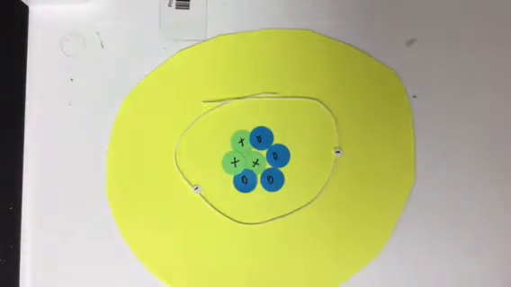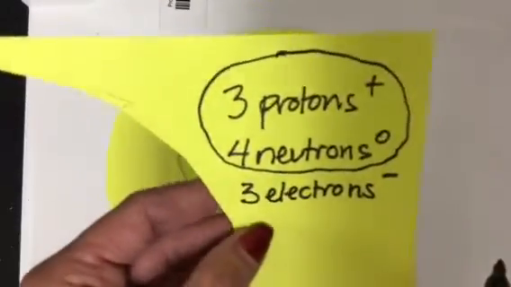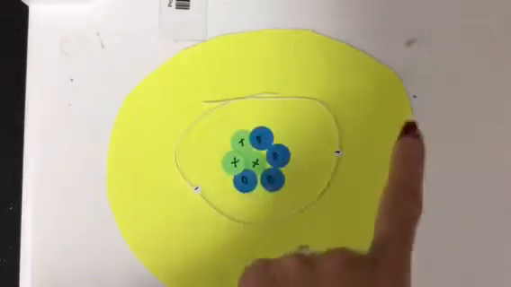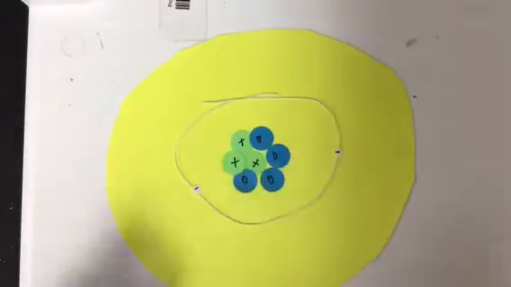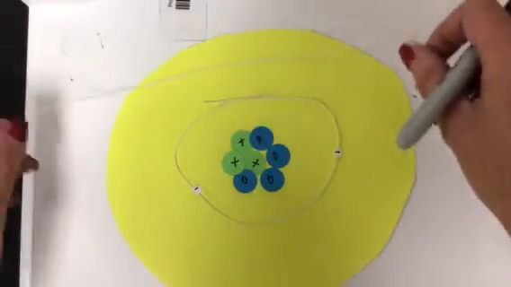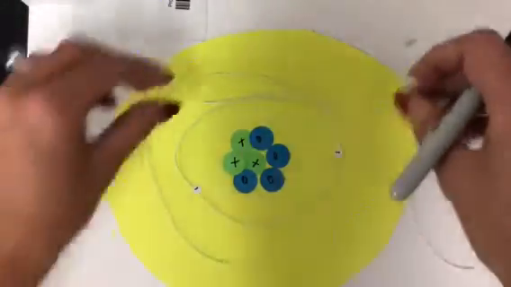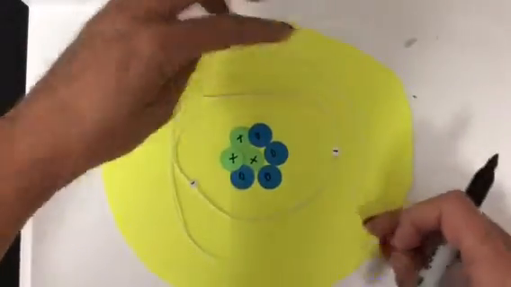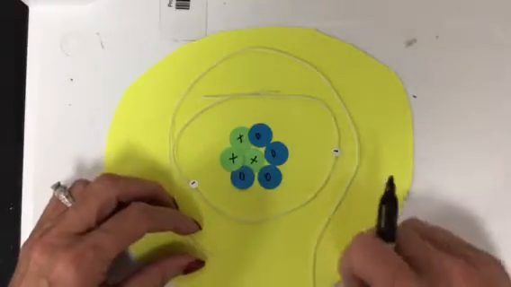But when we looked at this atom, we said that it's going to have 3 electrons. So I still have 1 left. 2 are on my first energy level. Now I have to have a second energy level to hold that 3rd electron. Remember, the second energy level can hold up to 8.